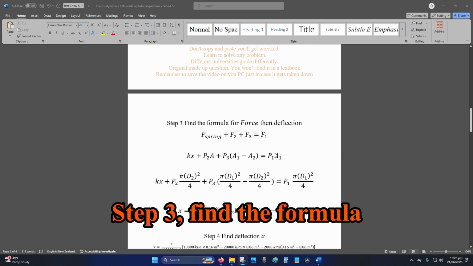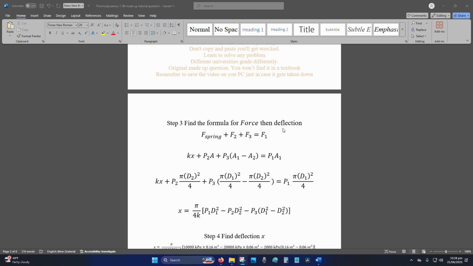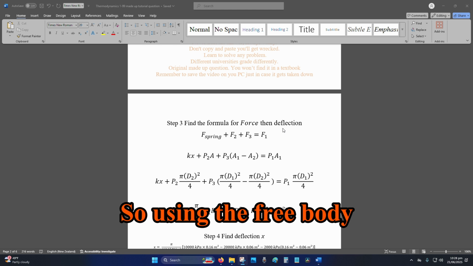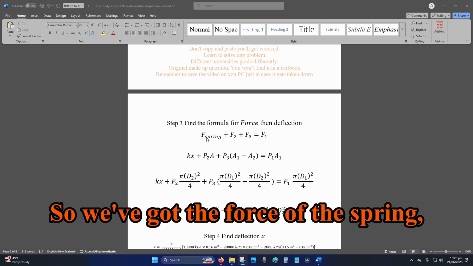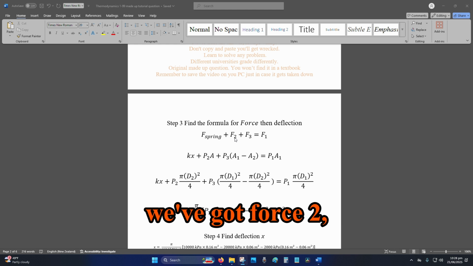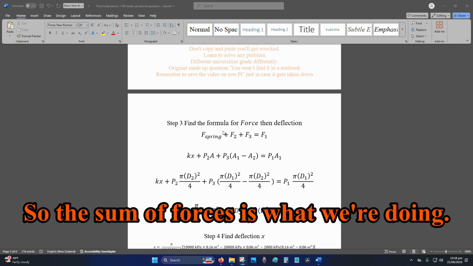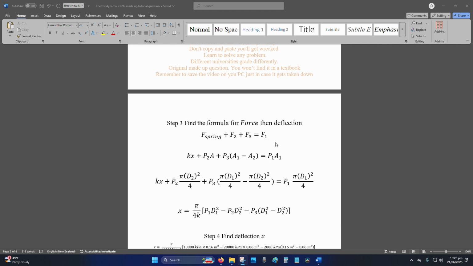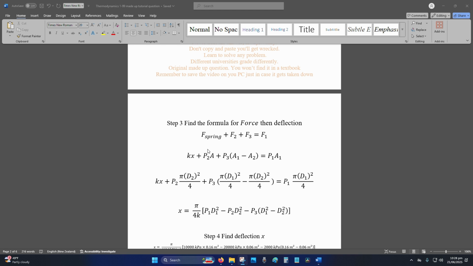Step 3, find the formula for force, then deflection. So using the free body diagram, we find all the forces. So we've got the force of the spring, we've got force 2, force 3 is equal to force 1. So the sum of forces is what we're doing. From there, we expand out each of the forces.